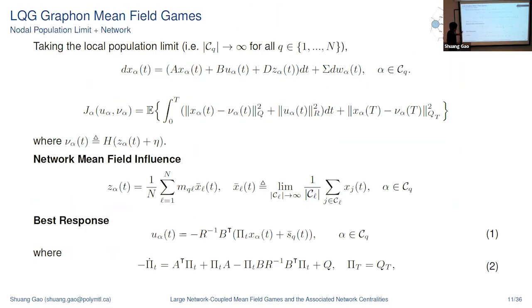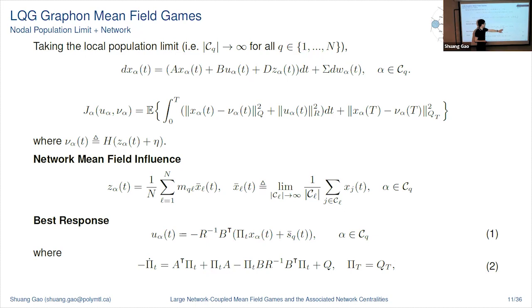Okay, so now go back to the problem. The standard mean field game idea is to take the population limit. We let the population at all the nodes go to infinity. At all the nodes you have a different population, and we let all the population sizes go to infinity. What happens is that the network empirical average becomes the network mean field.